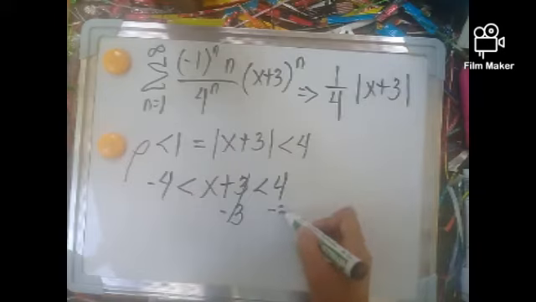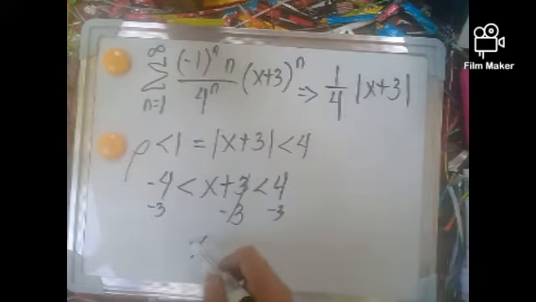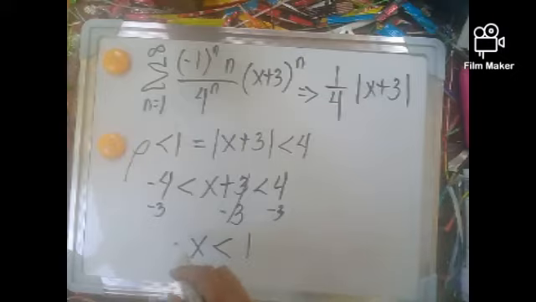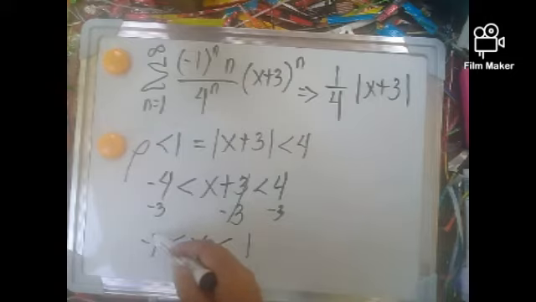So, minus 3 sa kabila, minus 3 din sa kabila. So, nakuha natin is x is less than 4 minus 3 is what? 1. And then x greater than negative 4 minus 3 will be negative 7.